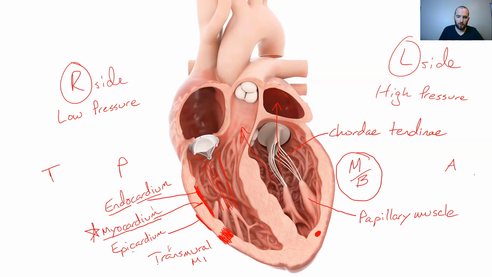Trans is across, mural is wall. So a transmural MI is an MI that has spread through all the layers of the wall of the heart. Not too common that you see that term used. Most of the time we just leave it at myocardial infarction, because that's where the source of the problem is.